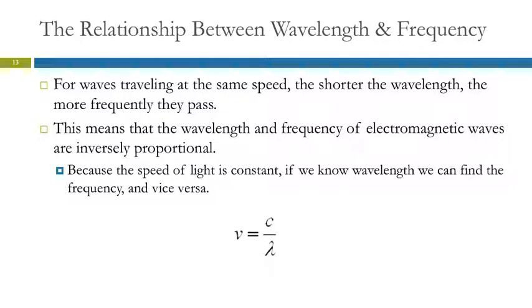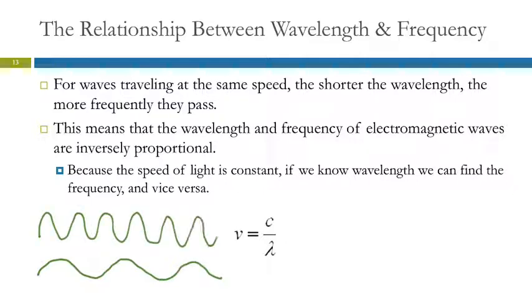So again, we can look at the waves here. If these waves are traveling at the same speed, this one is going to hit less frequently than that one, right? Higher frequency, shorter wavelength.